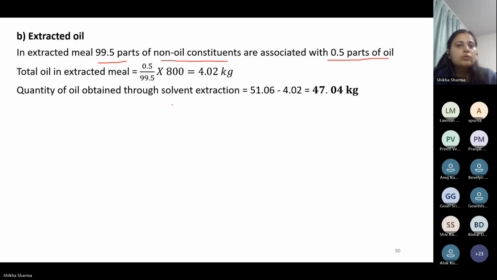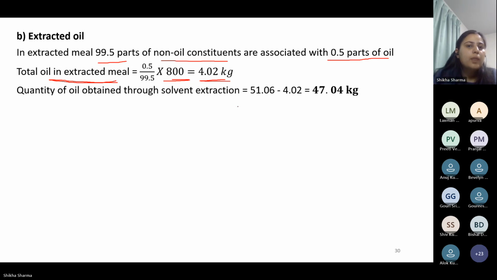The total oil in the meal is 0.5 divided by 99.5 into 800, which is 4.02 kg of oil in the meal.